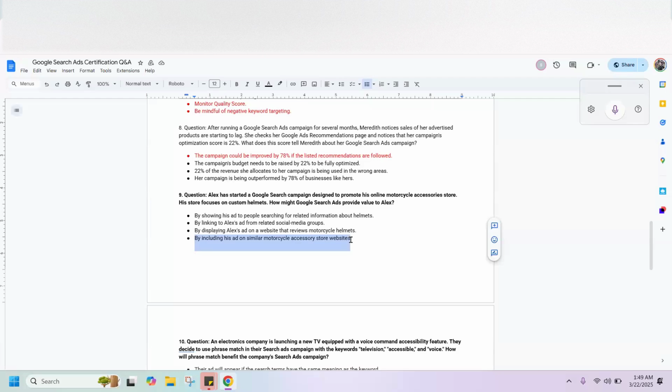And by displaying Alex's ads on a website that reviews motorcycle helmets, this can also be display, yes. See, it's also display, not search.